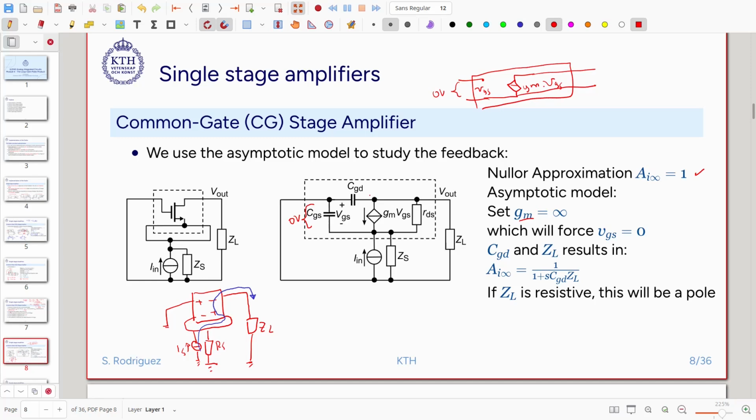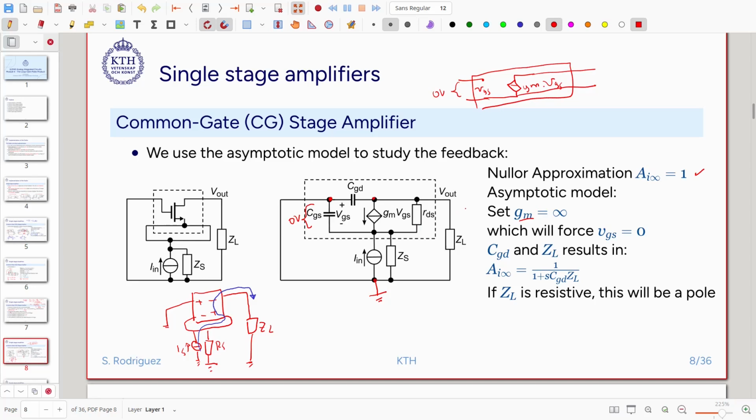We have that one terminal of the capacitor CGD is connected to this node. I'm going to put ground as a reference here. It is going to be grounded here, and the other terminal is connected to the output.